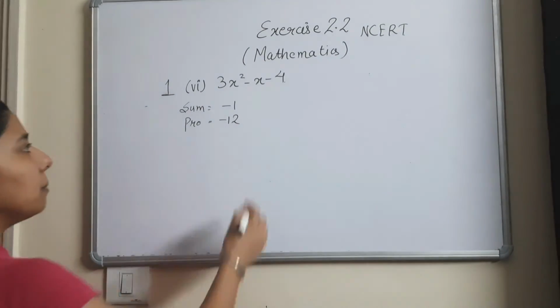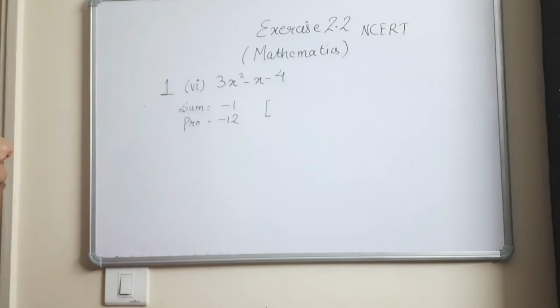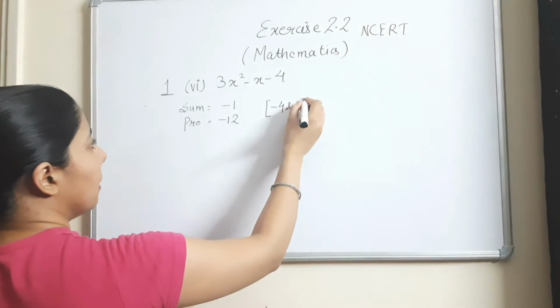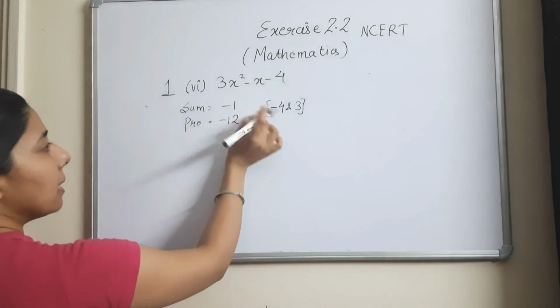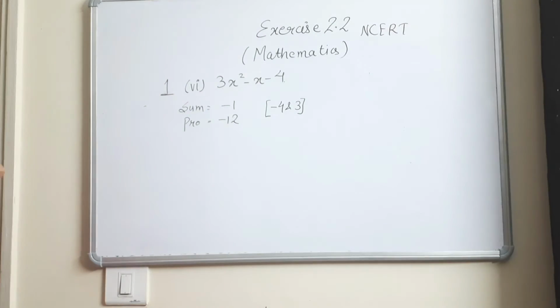So think of two terms on adding which we get minus 1 and on multiplying them we get minus 12. So think of the terms. The terms are minus 4 and 3, because minus 4 plus 3 makes minus 1 and minus 4 into 3 makes minus 12.